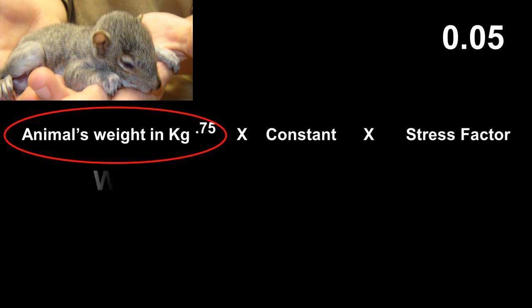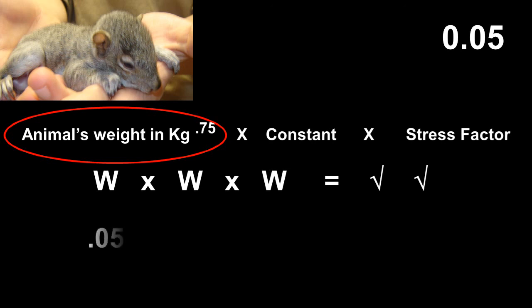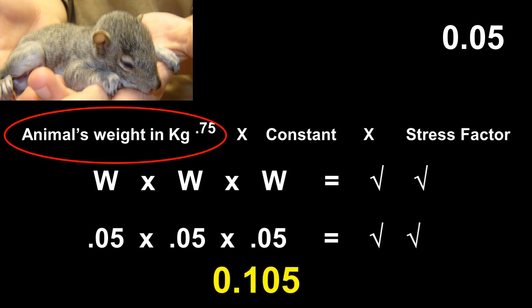This is done by weight times weight times weight, then square root, square root. Simply, the weight in kilograms, which is 0.05 times 0.05 times 0.05, hit your equal key, and then hit your square root key twice. The result will be 0.105.